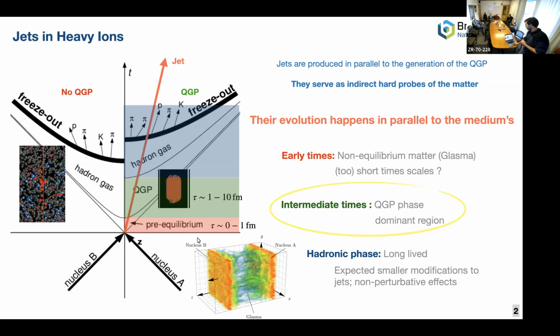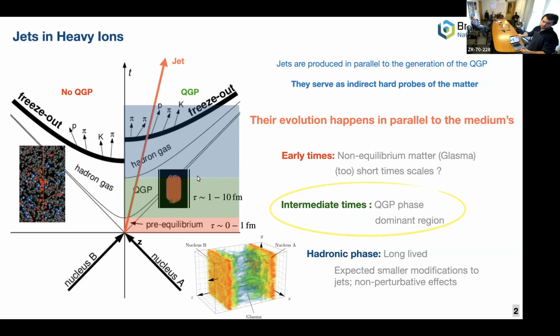At early times, what one has is the dominance of this plasma phase, which is dominated by very strong fields, governed by the classical Yang-Mills equations. But for jet quenching, most of these modifications, although this is still studied, are ignored because this is a very short-lived phase, and most of the modifications come from the proper quark-gluon plasma phase, which is long-lived, and this is where all the calculations that I will show are performed.